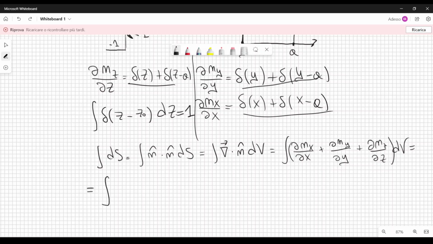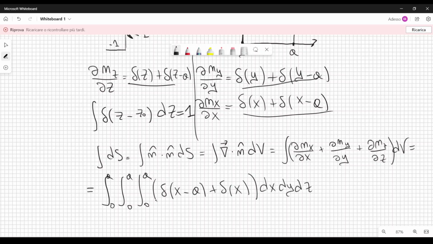So we have an integral over the volume, and so I integrate from 0 to a, integral from 0 to a, integral from 0 to a, and I will rewrite the first one, which is the derivative of nx with respect to x. So I have delta of x minus a plus delta of x, dx dy dz.